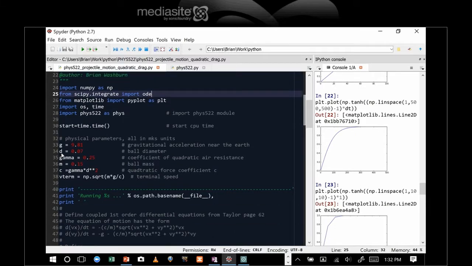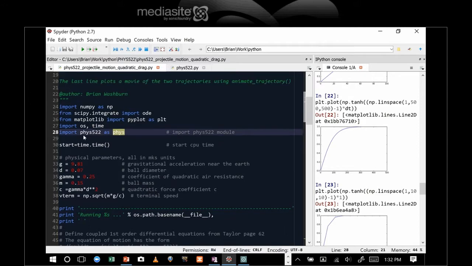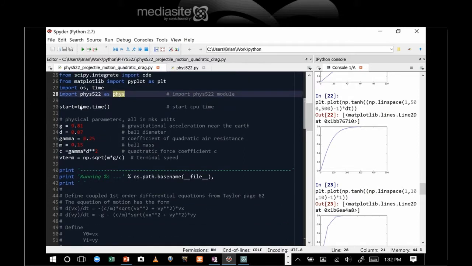In my code, I first import all the stuff I need: NumPy for all the numerical stuff, SciPy integrate ODE for solving, Matplotlib for plotting, and some other stuff for displays, and this is for making movies, which we talked about before. I'm not going to worry about that.